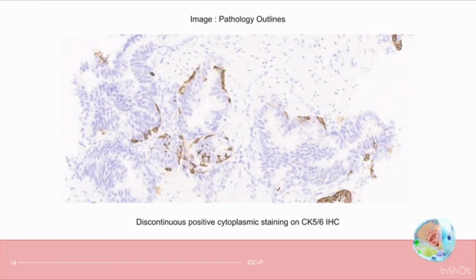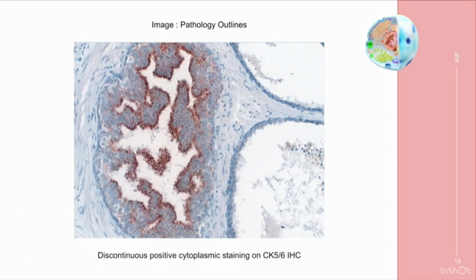And here you can see in the IHC the basal cells are present but they are discontinuous. The labeling is different, but there is marker positivity in the epithelial cells, which shows it is atypical in the HG-PIN lesion.